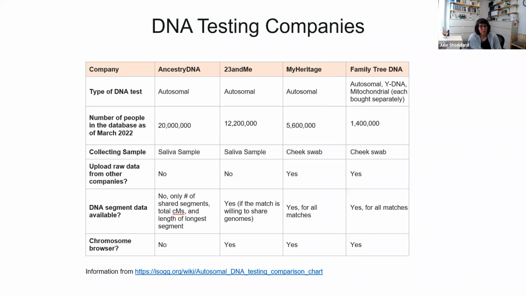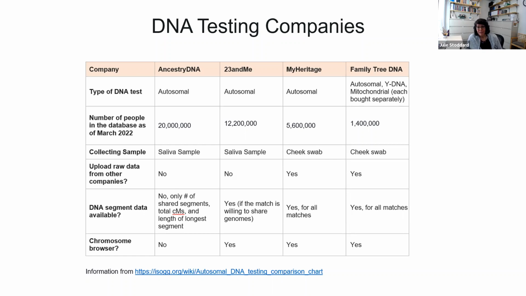You can test at all of them, but you'll notice down here that some of these companies will let you upload your DNA data from other companies. Ancestry and 23andMe don't allow you to upload your DNA, but MyHeritage and Family Tree will let you do that, and we'll look at that in a second.